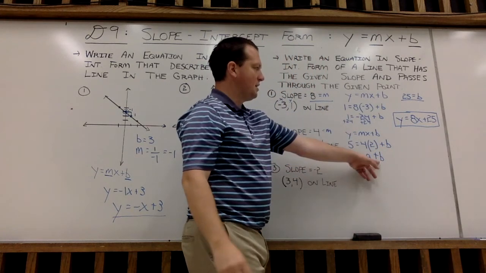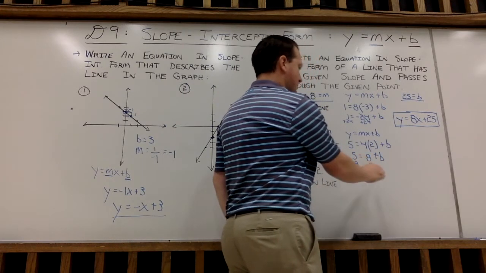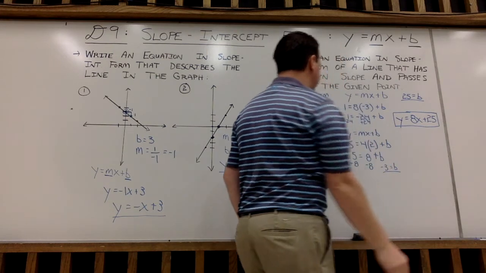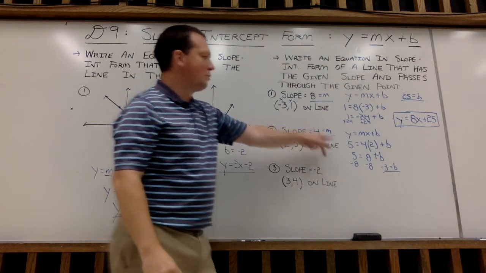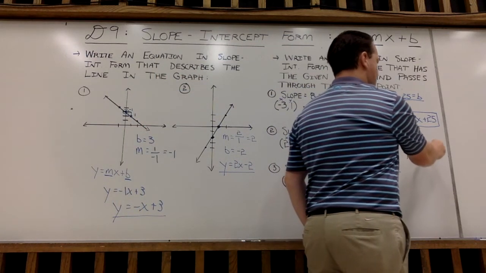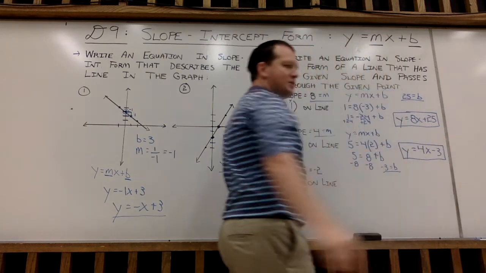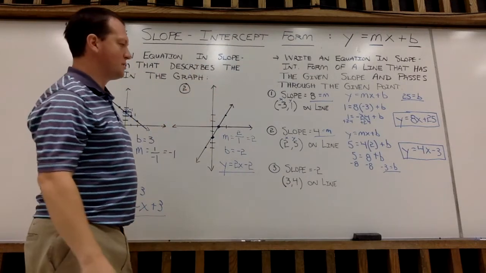To get b, the y-intercept, alone, I'll subtract 8 from both sides. -3 will be b, the y-intercept. So the general equation, m is 4, slope is 4, y-intercept -3, y equals 4x minus 3. Not too difficult. Again, it's just getting the hang of the process.